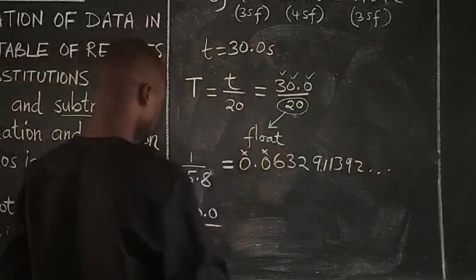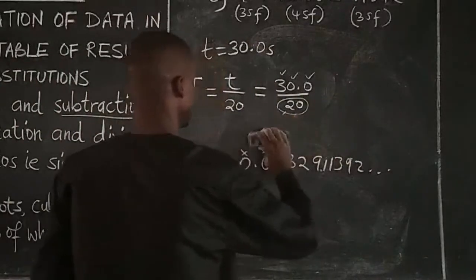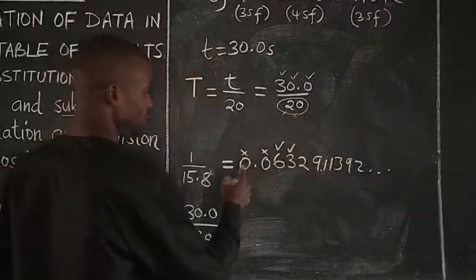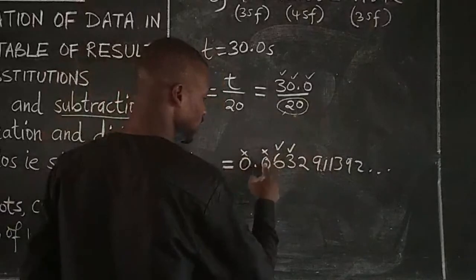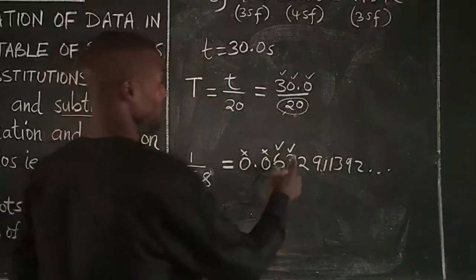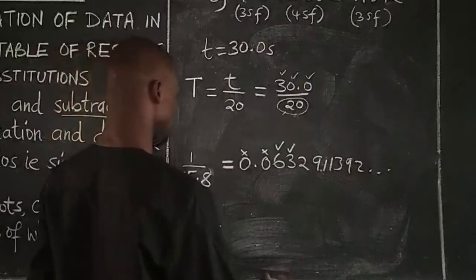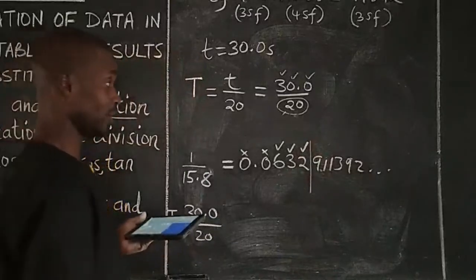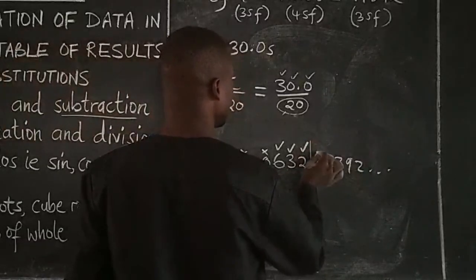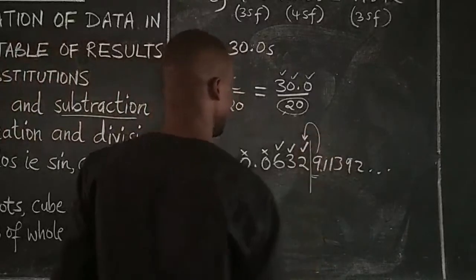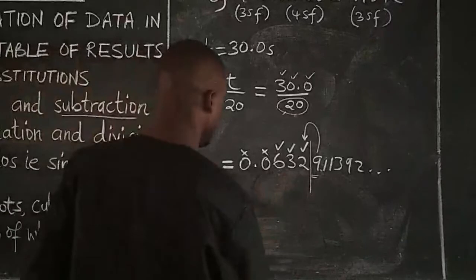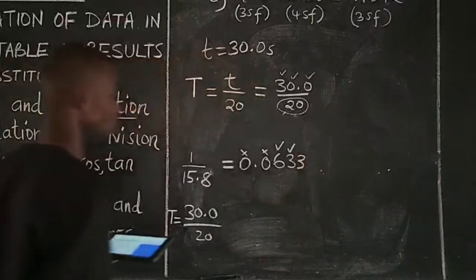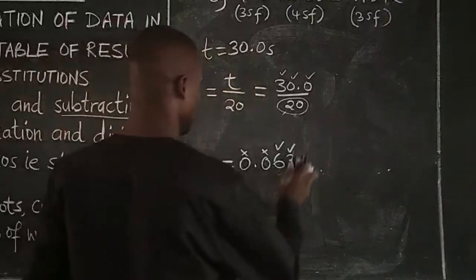These zeros are not significant, so we start counting from here: 6 is significant, 3 is significant, 2 is significant, so we are supposed to stop here. But don't truncate, round off. Because the next value is greater or equal to 5, add a 1 here, so what was a 2 now turns into a 3.